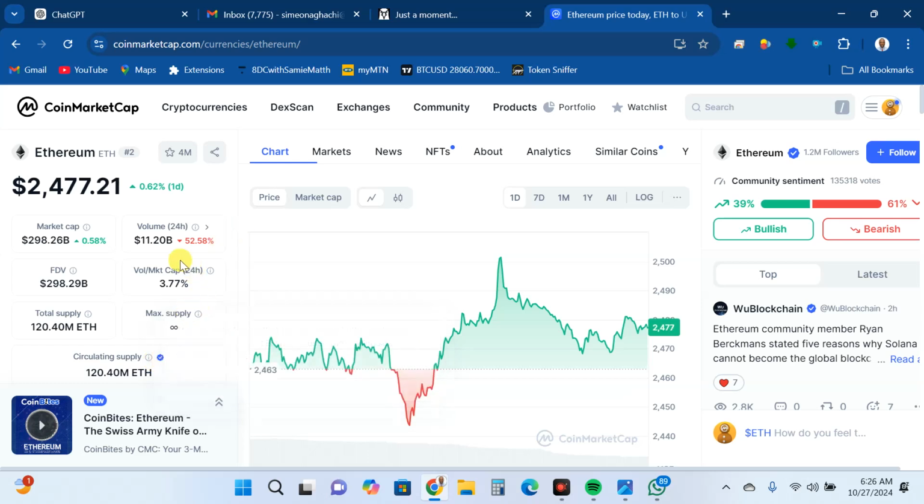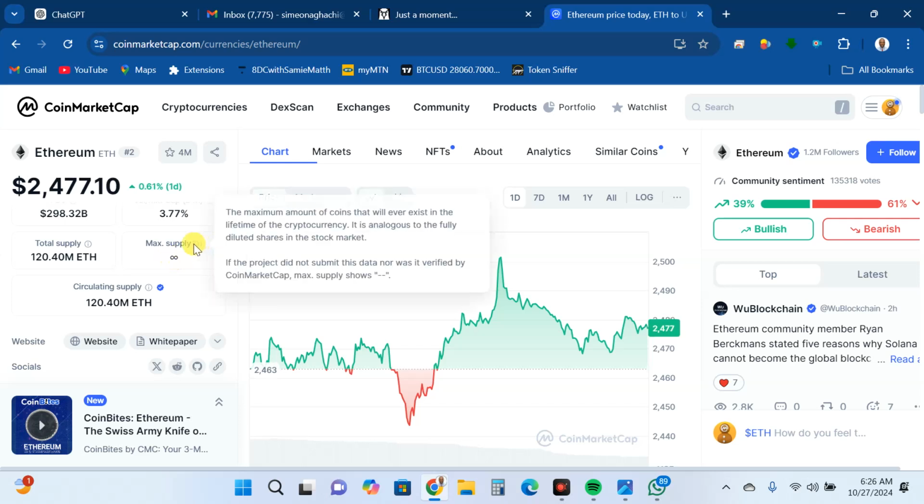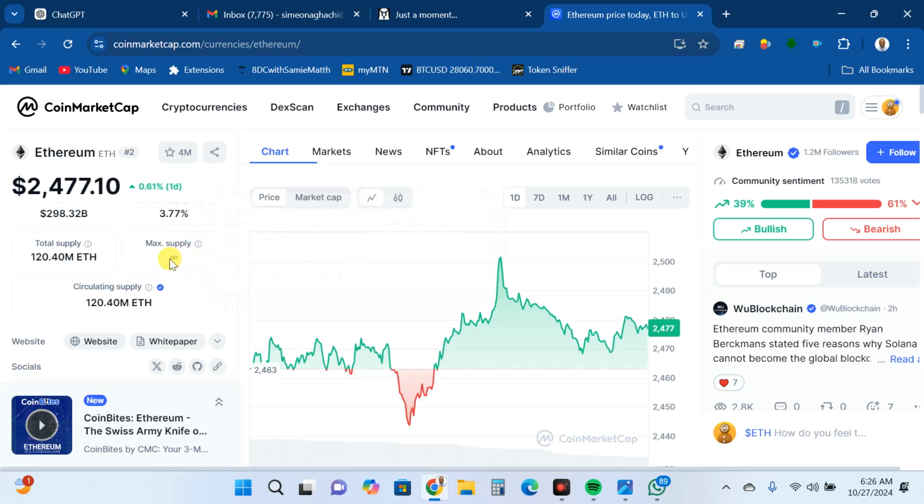Now, if you look at any coin where you see this kind of symbol, that looks like an inverted horizontal eight, this means infinity. So we are talking about supply metrics of a coin now, right? This means infinity.